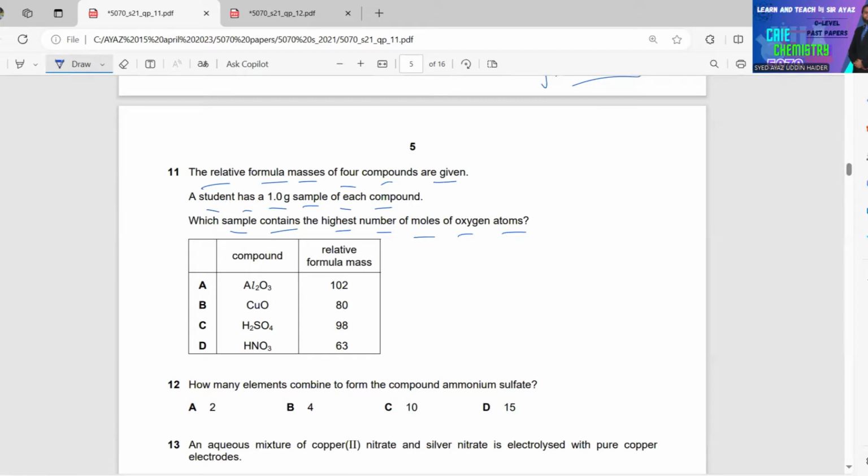So for Al2O3, 1 will be divided by 102. 1 divided by 102. And we'll get 0.0098 moles. What about CuO? 1 divided by 80. 0.0125.